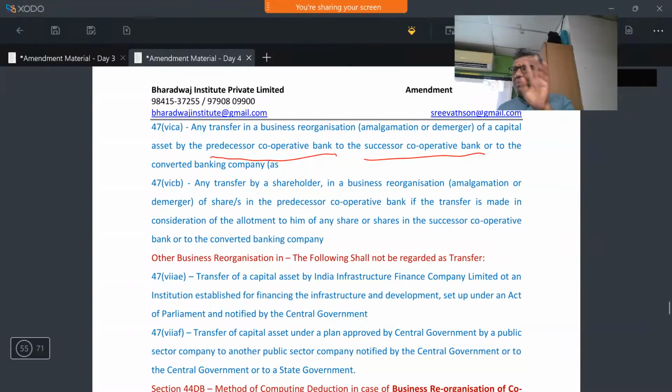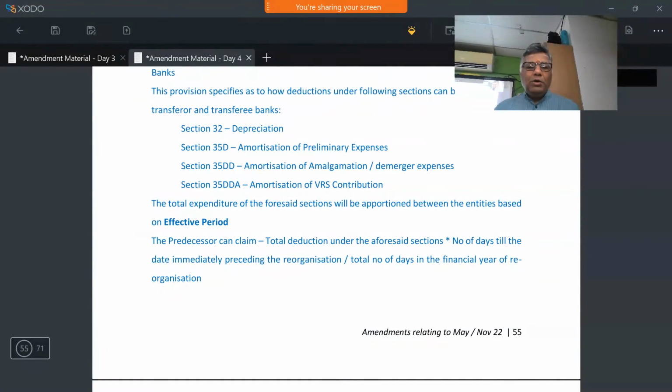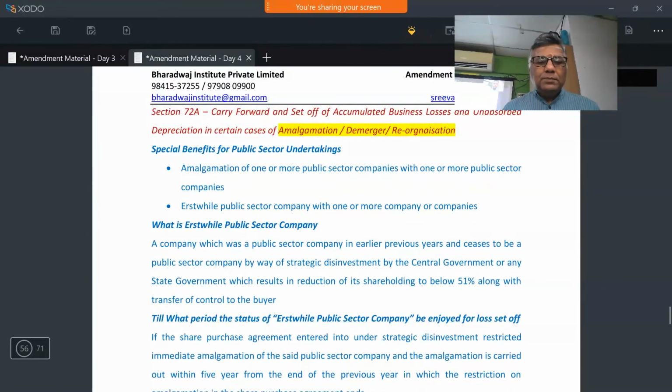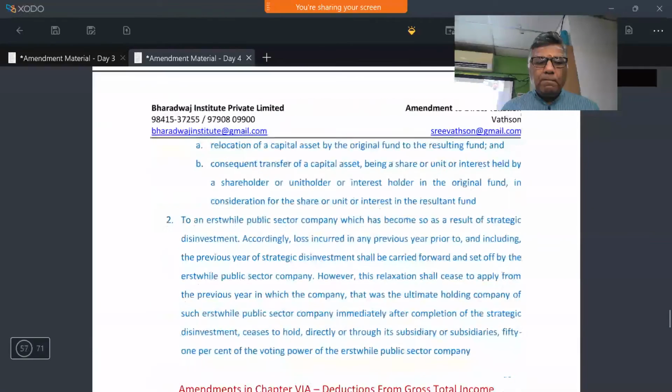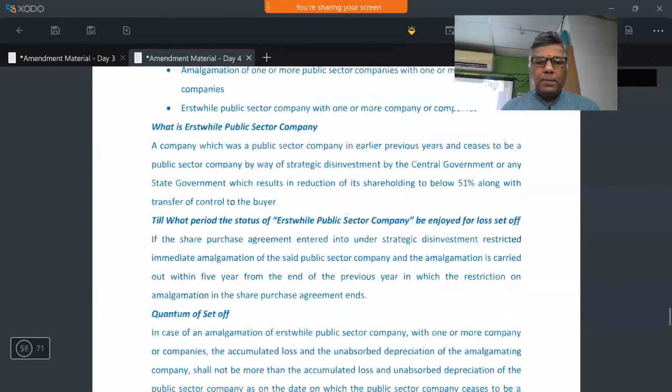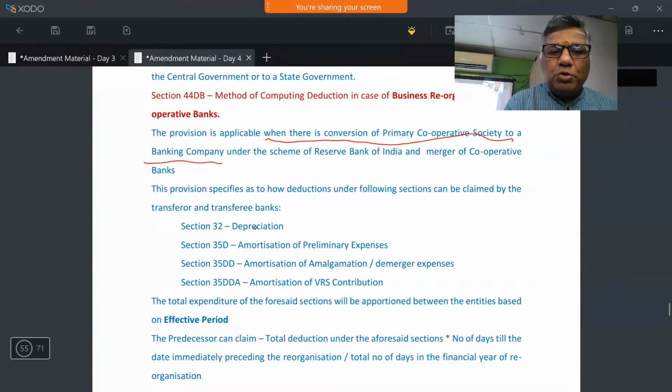Both are cooperative banks. This is okay, later the law explains it somewhere. Okay, I have written this in 44DB. The provision is applicable when there is a conversion of a primary cooperative society to a banking company.